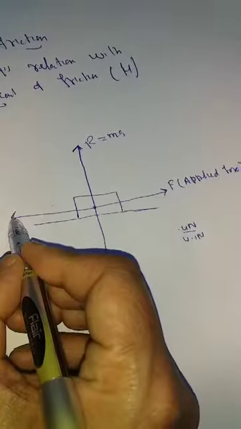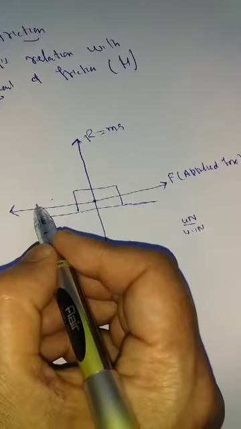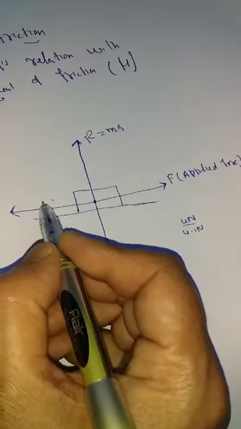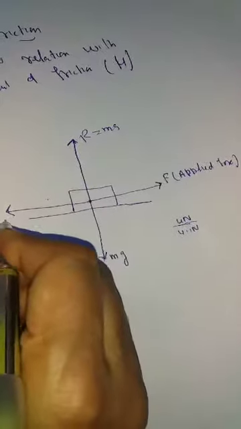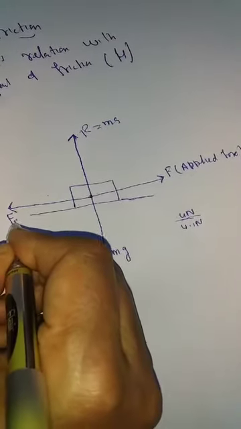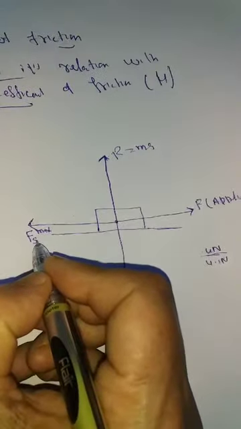The body is at rest, that is, it does not move on applying a force. This friction is called static friction, and its maximum value is called limiting friction. We write Fs max, the maximum value of static friction, which is the limiting friction.